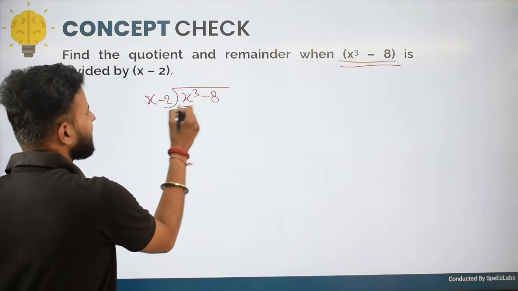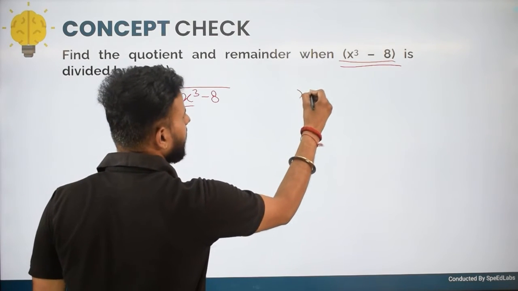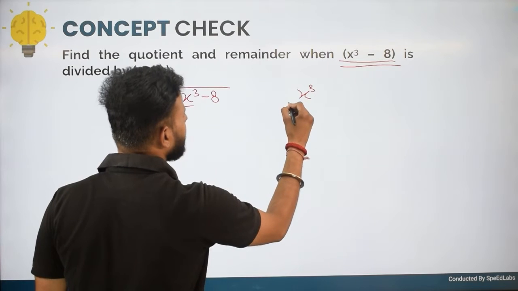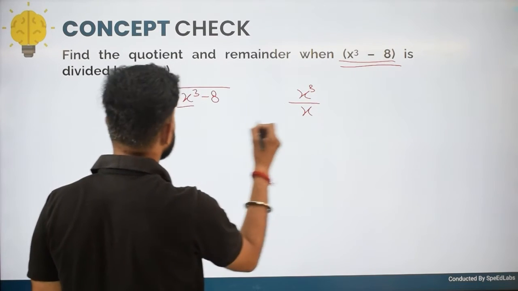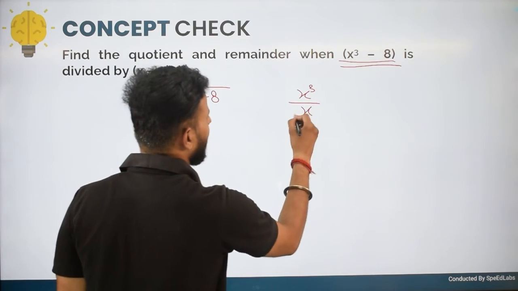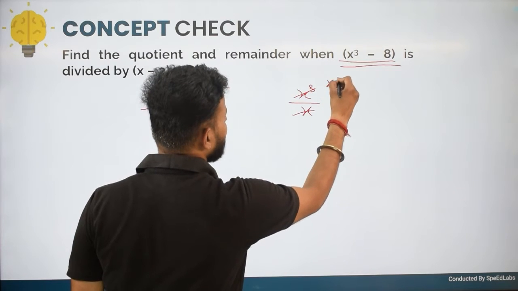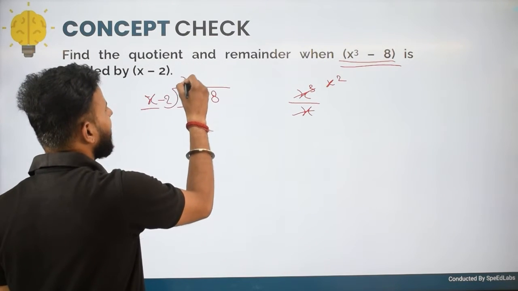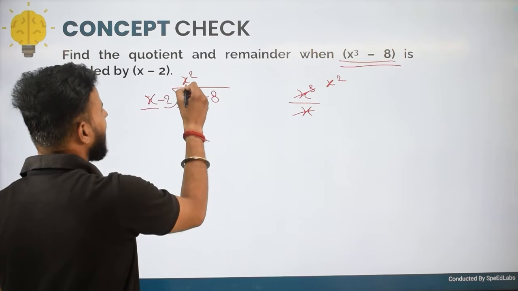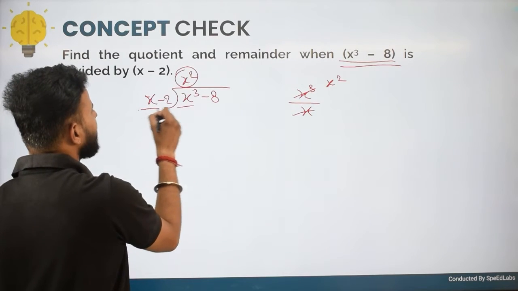First of all, I take the first term of the dividend and divide it by the first term of the divisor, which is x. So x cube divided by x leaves x square, and x square will be my quotient. Now I multiply x square with the whole divisor.